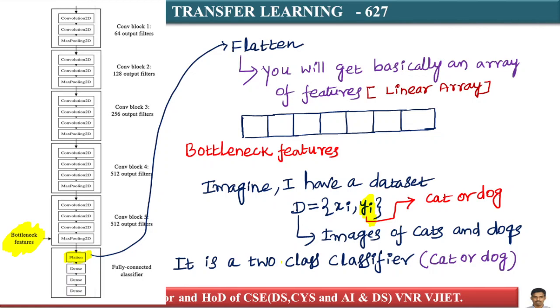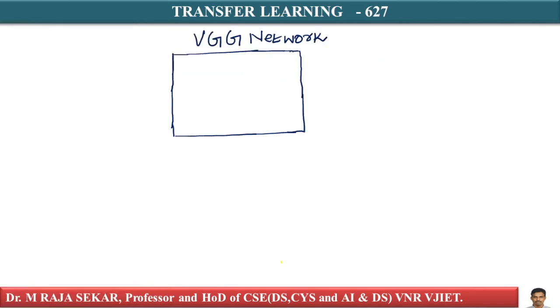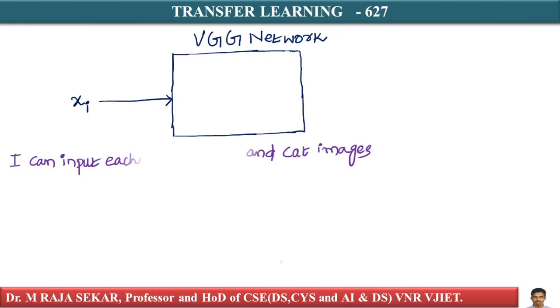So what I can do here is take my VGG network. I can input each of my x's, my dog and cat images.